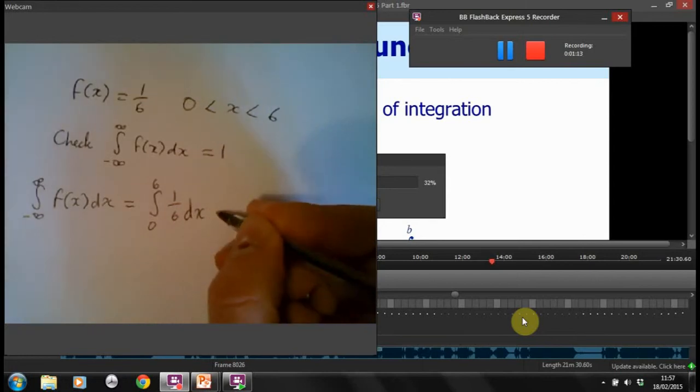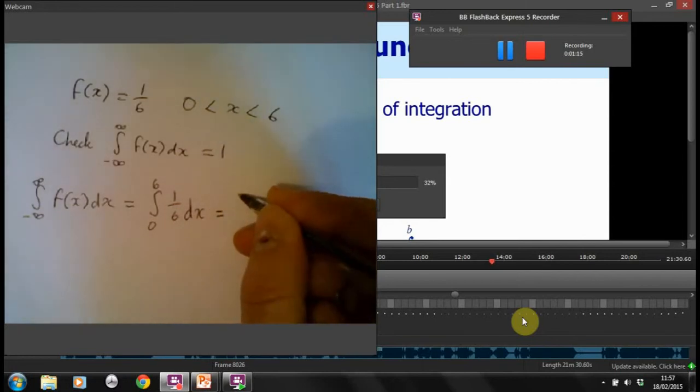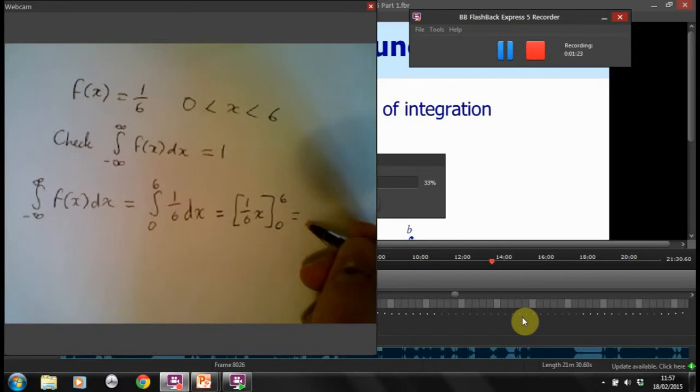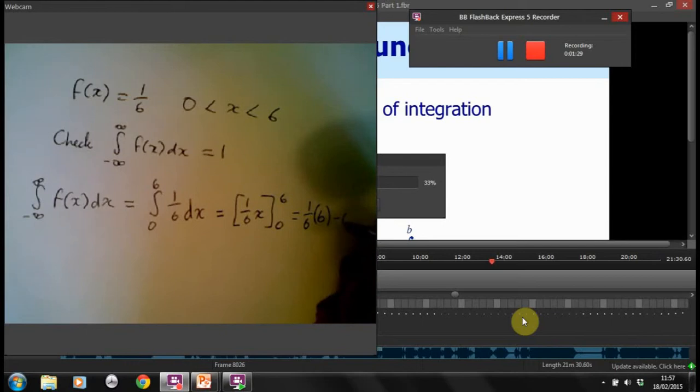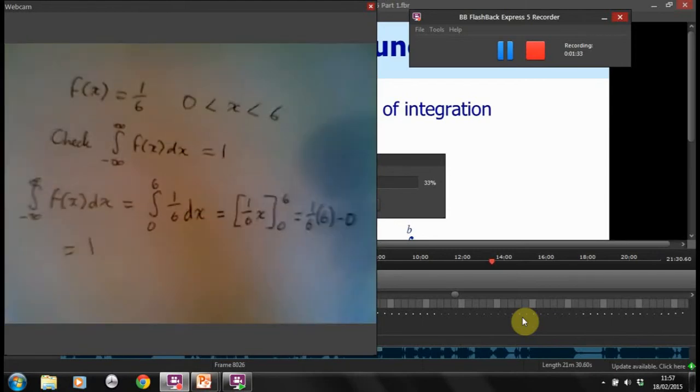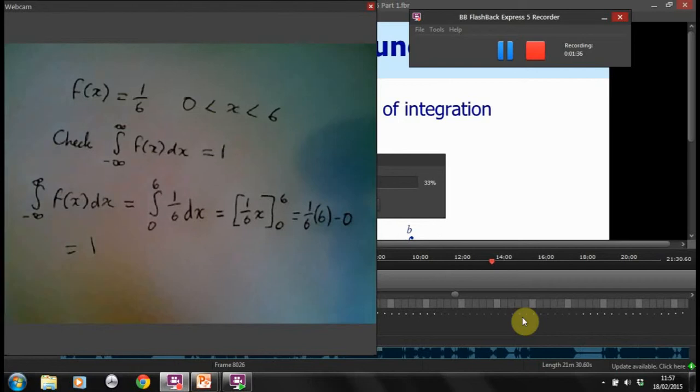In turn, that's the definite integral, 1 over 6 times x computed between 0 and 6. You can see that's very clearly just 1 over 6 times 6, take away 0, which is equal to 1. So that checks out okay. This is indeed a valid PDF from that perspective.